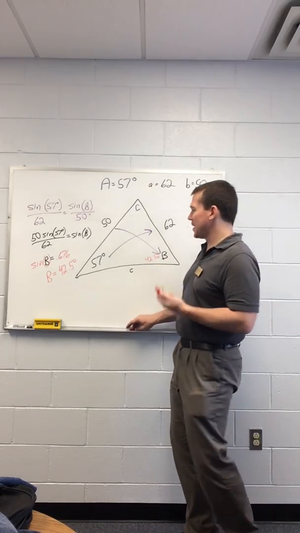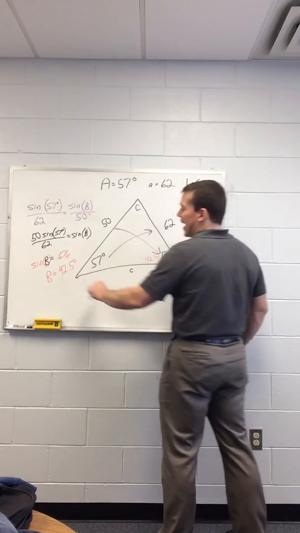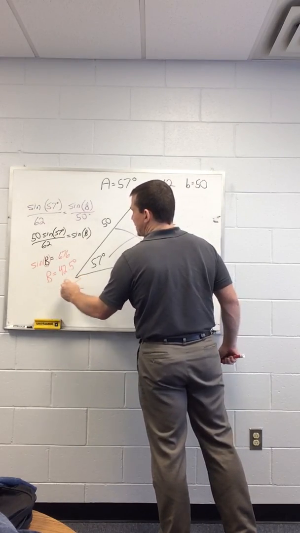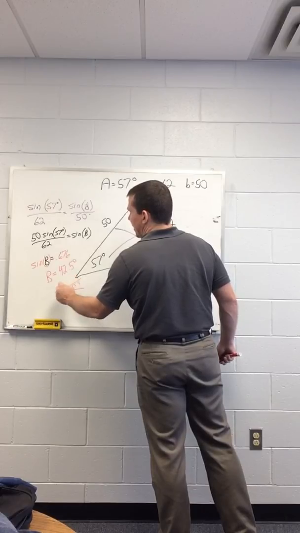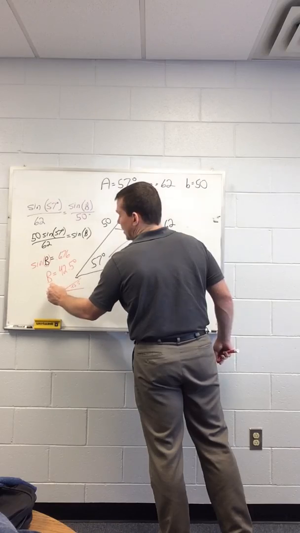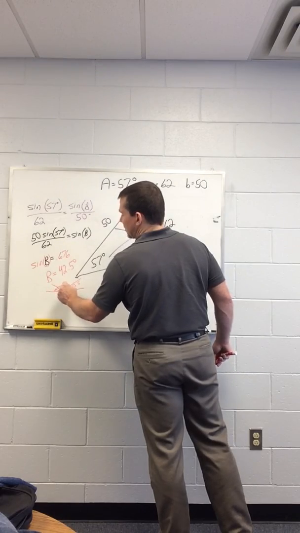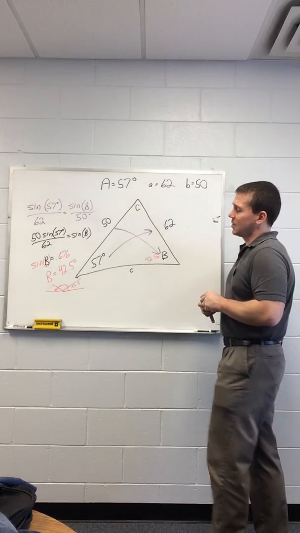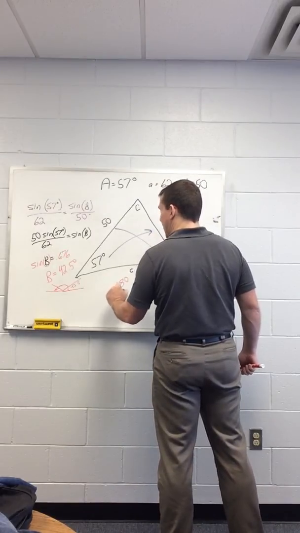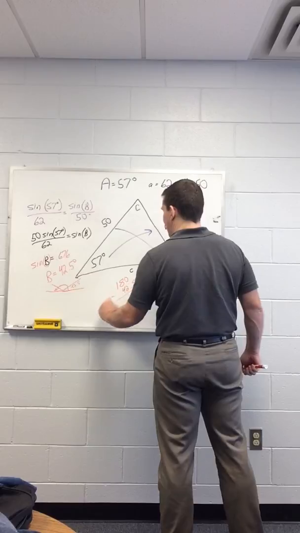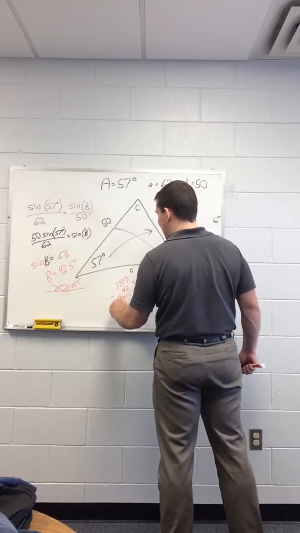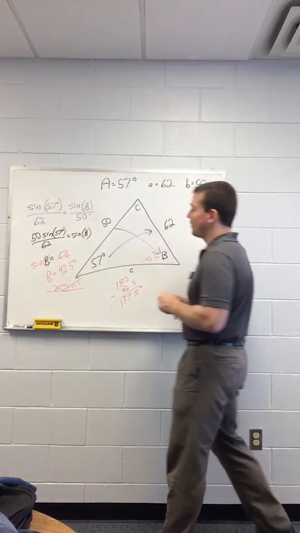In terms of the unit circle, either B is 42.5, that would be my reference angle in the first quadrant, or I'd be over here in the second quadrant. This would be 42.5, so what angle is that? Just subtract from 180. We get 180 minus 42.5, which is 137.5 degrees.